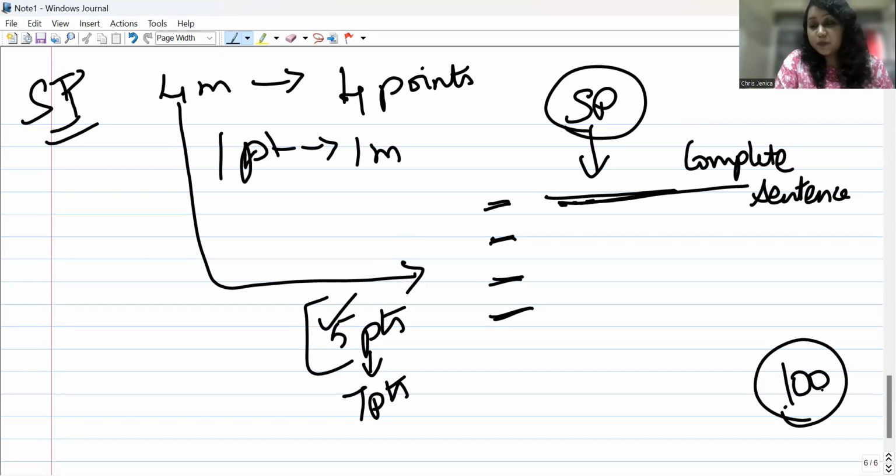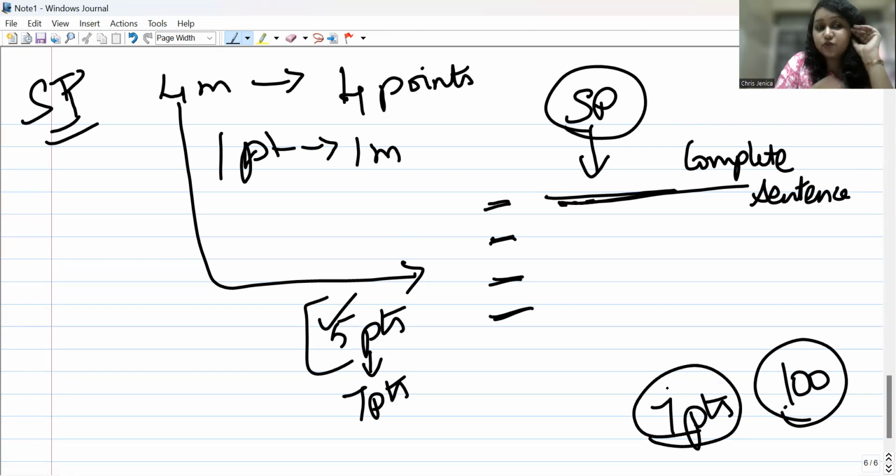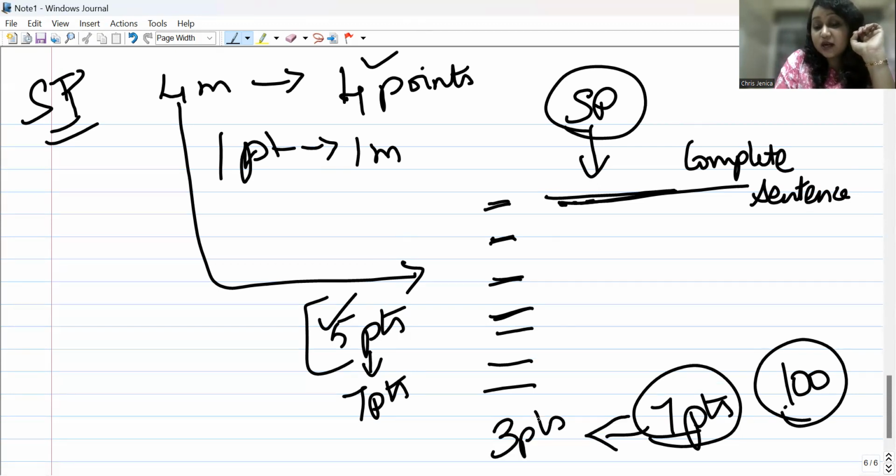So if you're able to come up with 7 points for substantive procedures where only 4 points are required, I would say don't spend your time writing 7 points here because you're ultimately going to waste your time. There is no guarantee you will gain any extra mark.